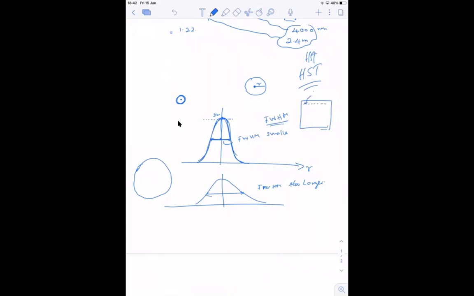Normally if there is a star, the intensity is very high at the middle, so the middle pixel has a very large value, let's say 10,000. And when you go into the outer region, the pixel values will be lower. These pixel values are what you plot on the y-axis, and these are pixel numbers as you go to the outer region. So that's what happens in a practical situation, right?